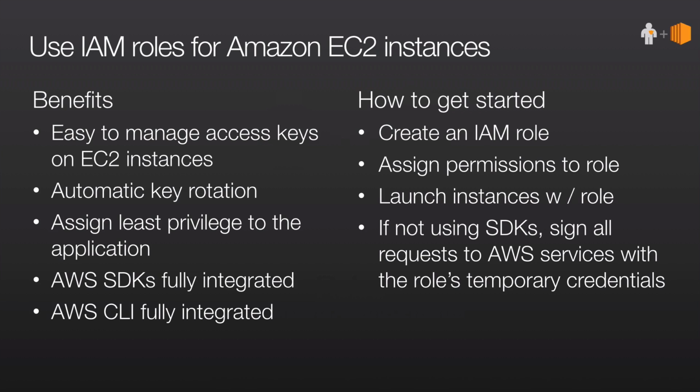To get started with this, simply create an IAM role in the IAM console, assign a set of permissions to that role, and then launch EC2 instances with that role. And if you're not using SDKs, you can sign requests to AWS services with that role's temporary credentials as well. That's a very, very powerful feature. We'll take a quick look at that later in today's session.